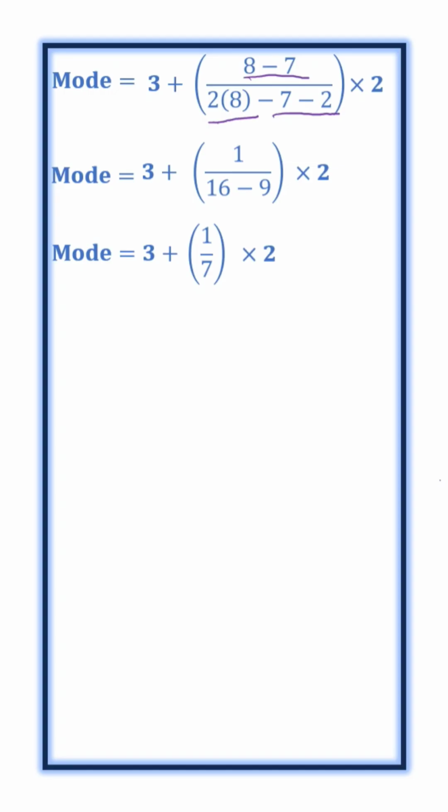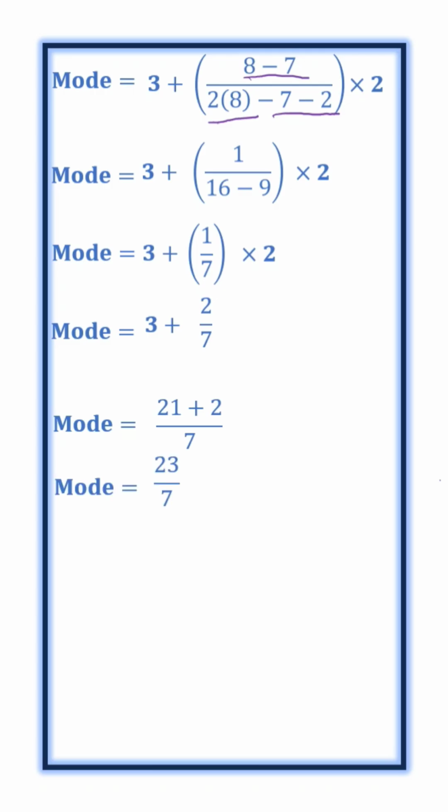That is equal to 3 plus 2 by 7. Here LCM is 7. So 3 into 7 is 21. 21 plus 2 divided by 7. So that is equal to 23 by 7.